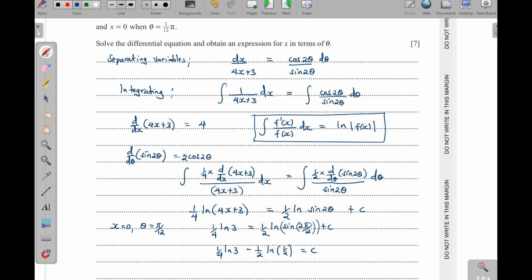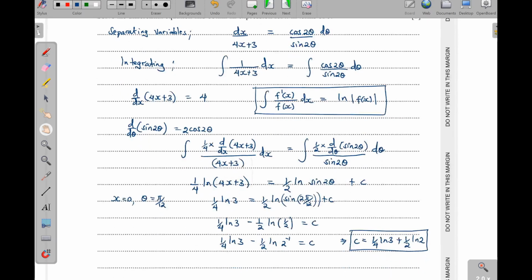Now, this a half here is actually 2 to the power of negative 1, not so? That means that c is going to be equal to a quarter natural log of 3. Then when this negative 1 comes down here using rules of logarithms, the negative will make this one a positive because it will multiply with it. So plus a half, then natural log of 2.